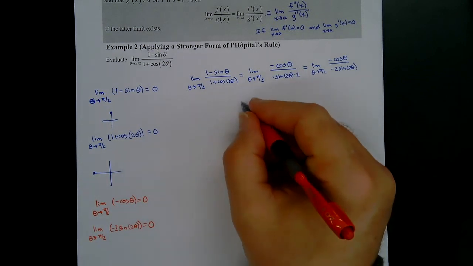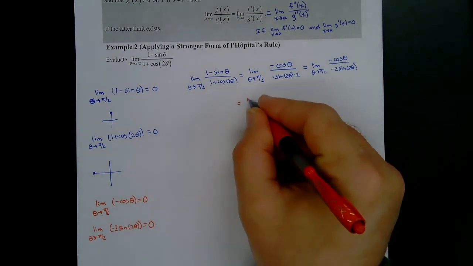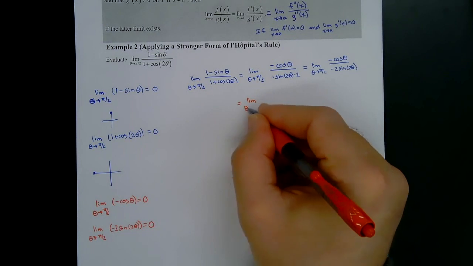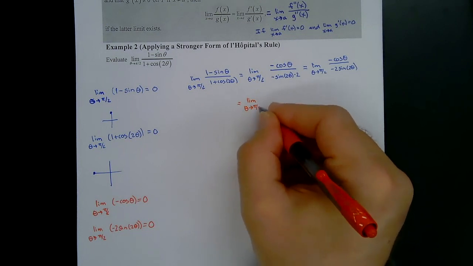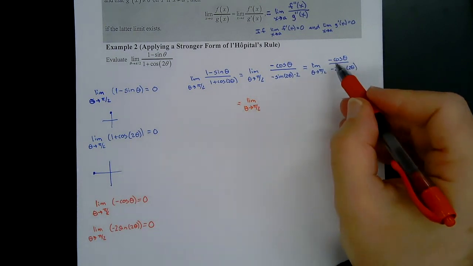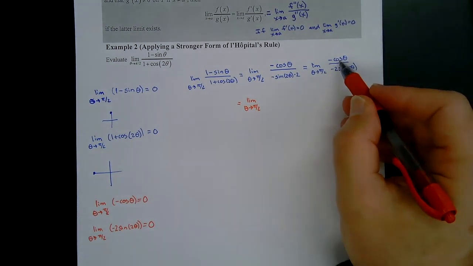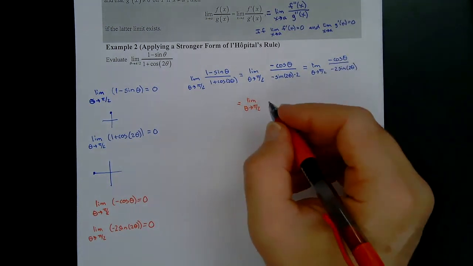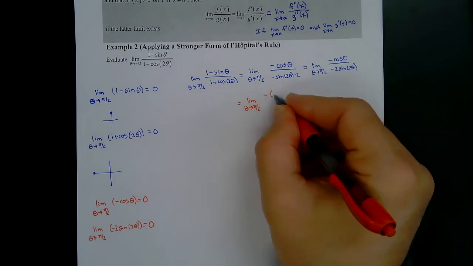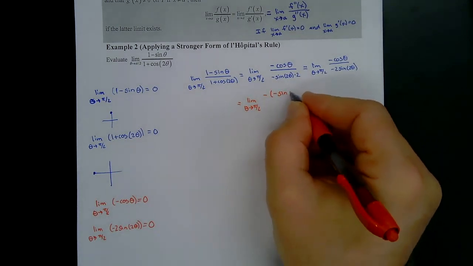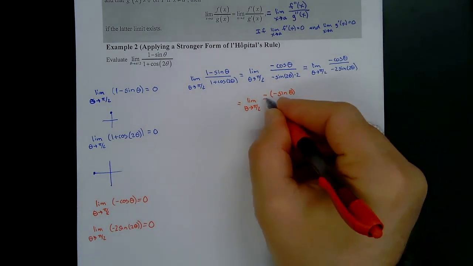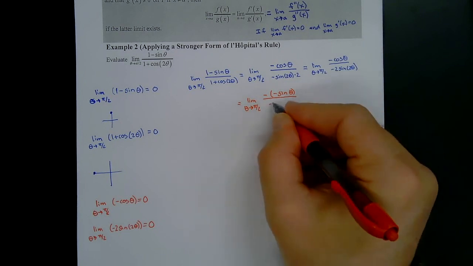So that means this is equal to the limit as theta approaches pi over 2. Okay, so the derivative of cosine is negative sine. So we have negative of negative sine of theta over -2.